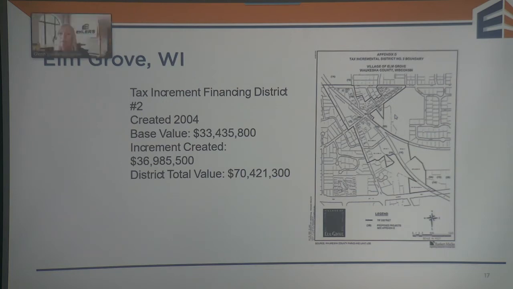I'll make another comment, Dave, while you're mentioning boundaries. When you create a district, the parcels have to be located within your jurisdiction, that's no question. They have to be full, complete parcels. You can't split a parcel in half and have half of it in a district, half of it out. So at the time you create the district, those parcels need to be full and complete.